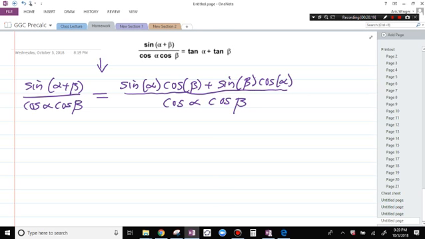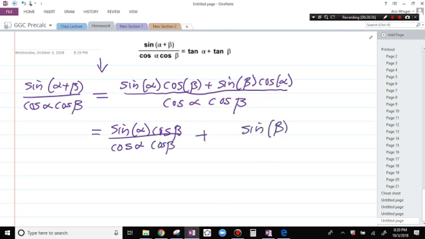So then when you divide the first term by cosine alpha, this is equal to sine alpha cosine beta all over cosine alpha cosine beta plus sine beta cosine alpha all over cosine alpha cosine beta. Right, so you just divide each one of those terms in the numerator, and now things are supposed to cancel and the answer should arise, and that's exactly what happens.